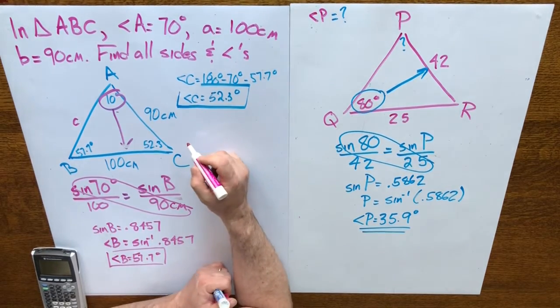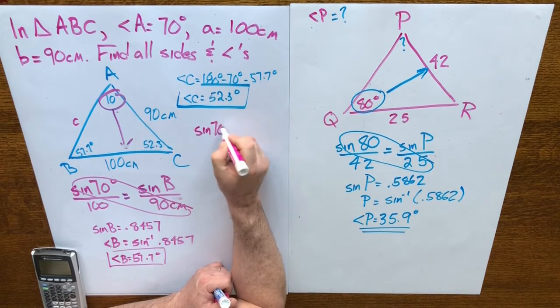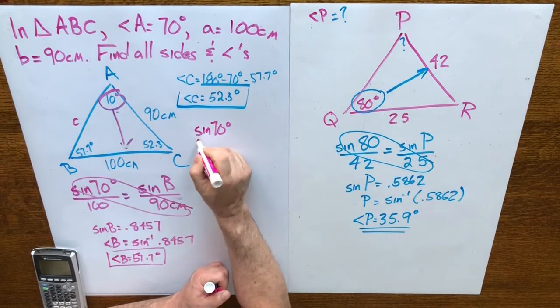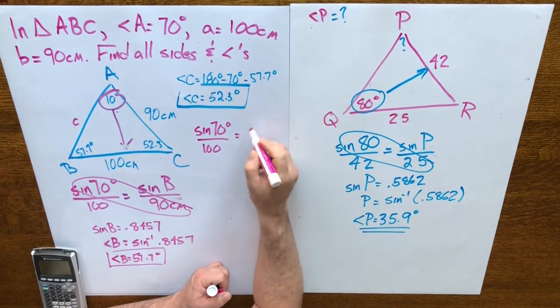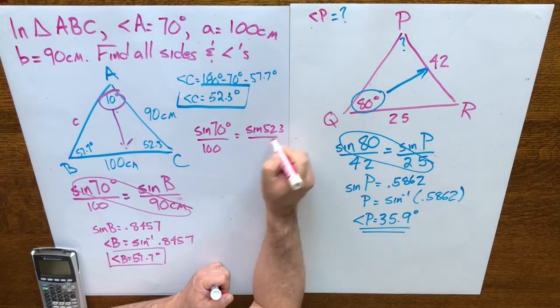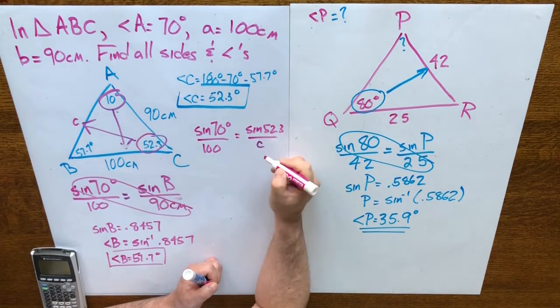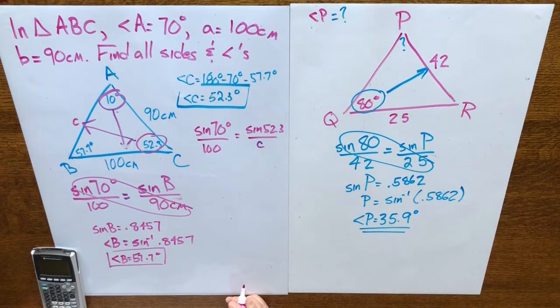So we'll start with that original relationship. Sine of 70 degrees over its opposite side, 100, is going to equal the sine of 52.3 divided by side C. So let's cross multiply those. 100 times sine 52.3 divided by sine 70.